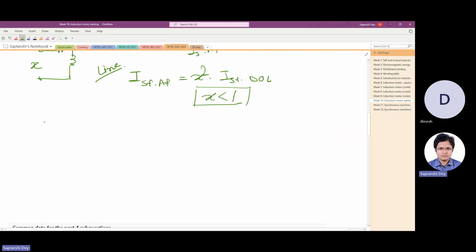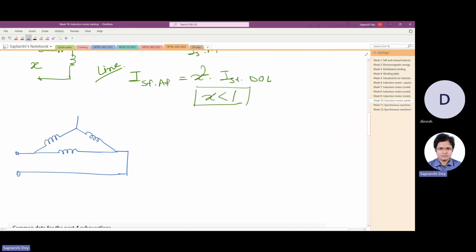So let us say the line voltage is V. Or sorry, let that also be the rated voltage of the machine. So star delta starting is always DOL.